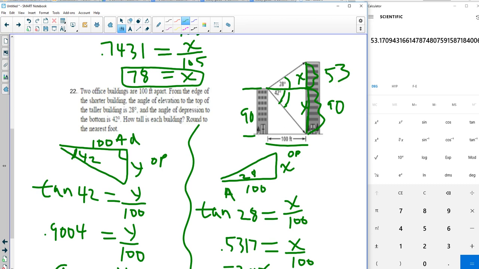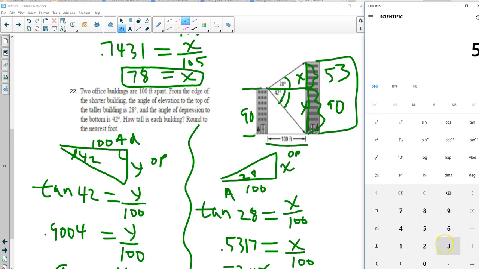The height of this whole building is going to be 53 plus 90. That'll give you 143. So 53 plus 90 equals 143.